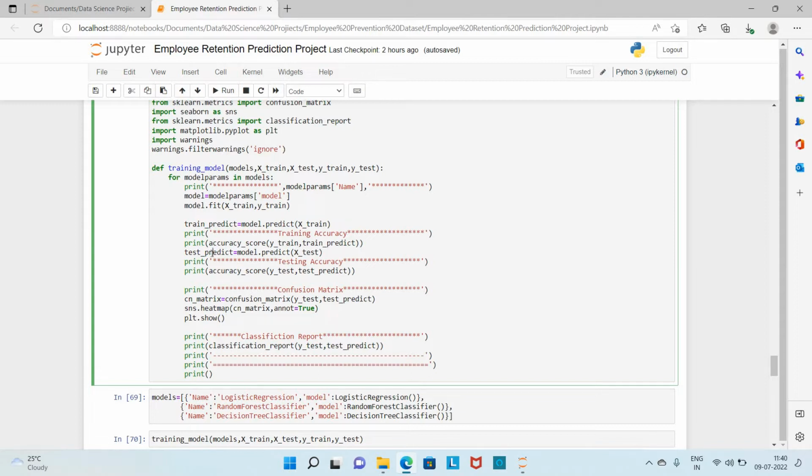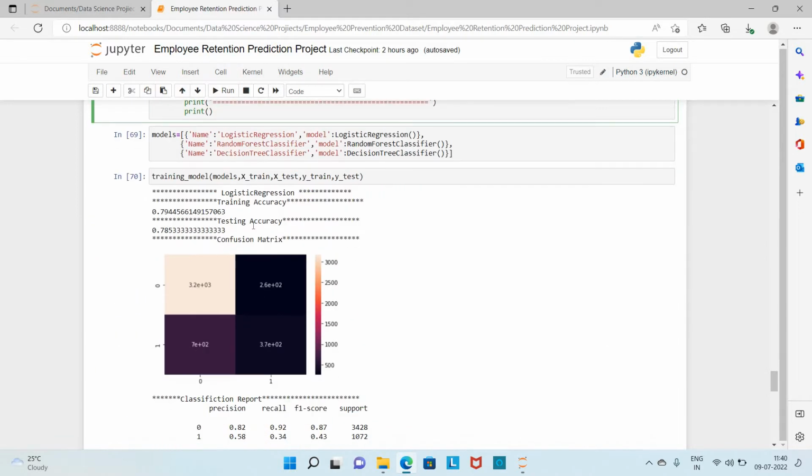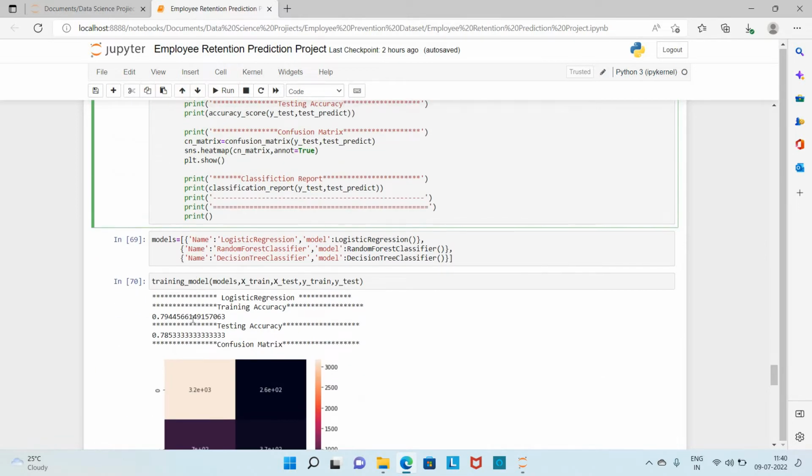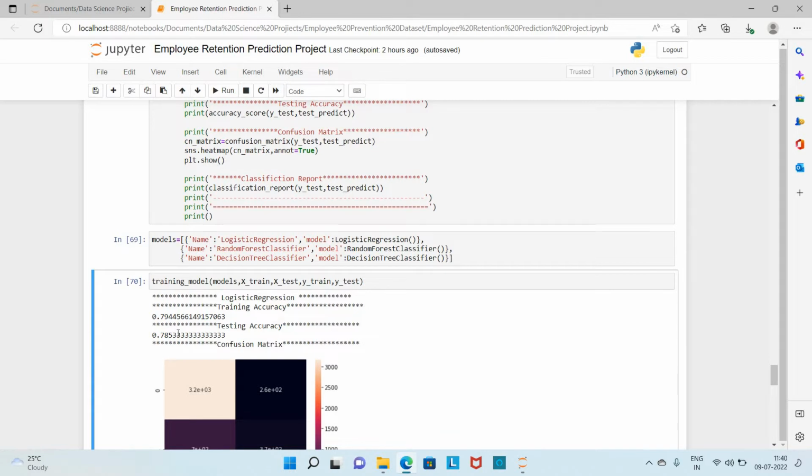Likewise, we have predicted the testing data also, and it is printed here. So this is the training accuracy and the testing accuracy. Why did we calculate the training accuracy?